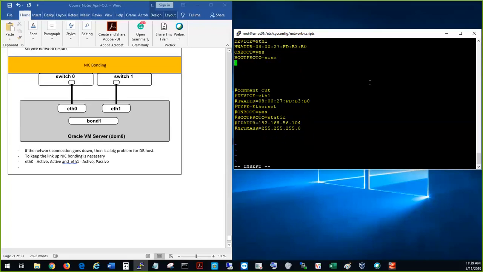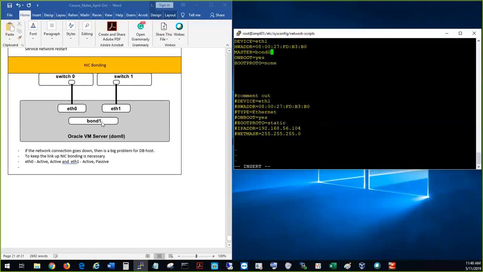Now what I'm going to say here is device ETH1, and this is a part of bond. So I'm going to give this master equals bond0. What happens here is we're going to create another Ethernet adapter.